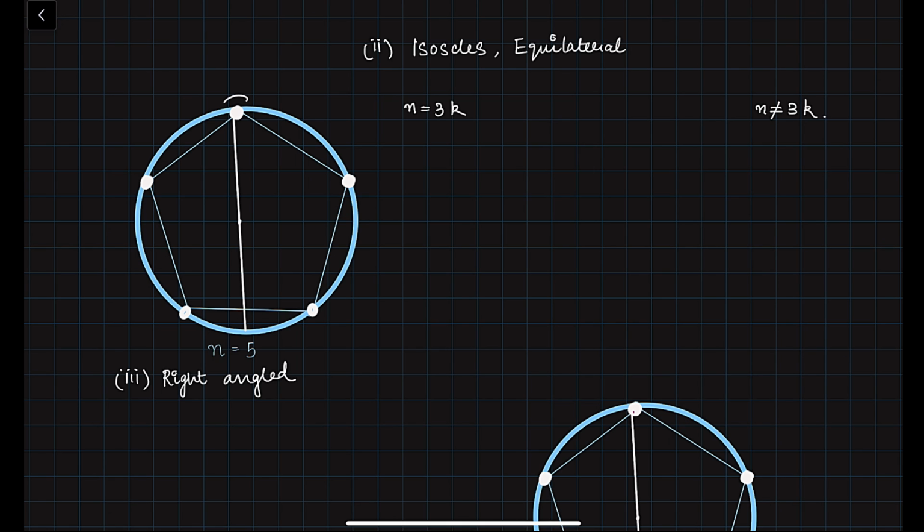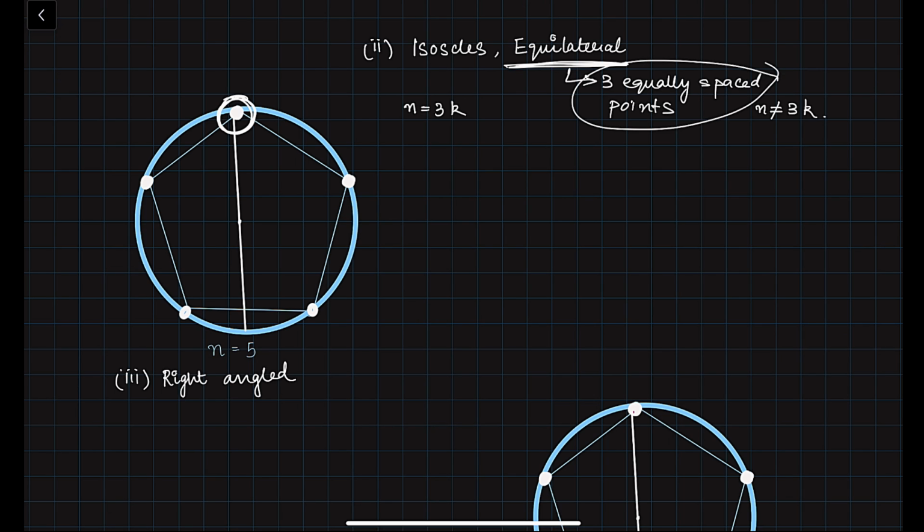So if we choose some random point on an n-sided polygon and we need to find the number of equilateral triangles, we know that for an equilateral triangle we need 3 equally spaced points, right? Now if n is not equal to 3k, we cannot find 3 equally spaced points because n by 3 is not an integer, right? So it won't be possible for us.